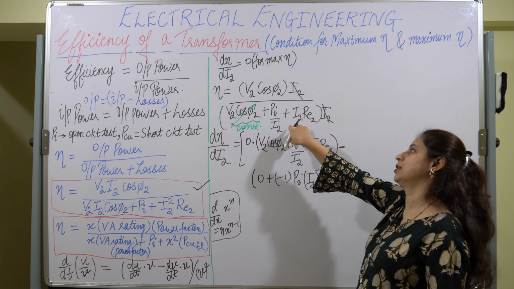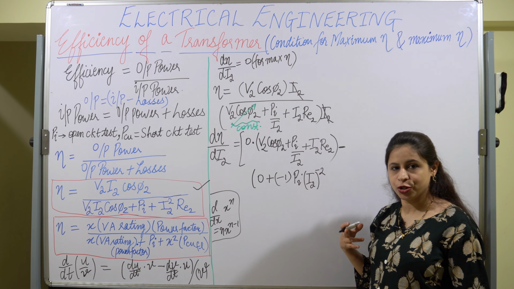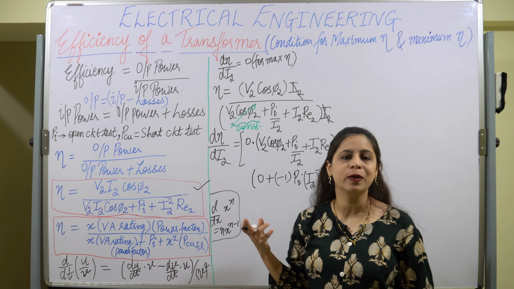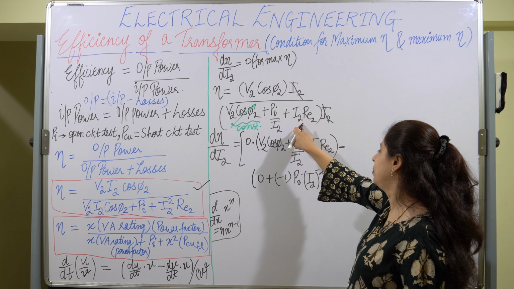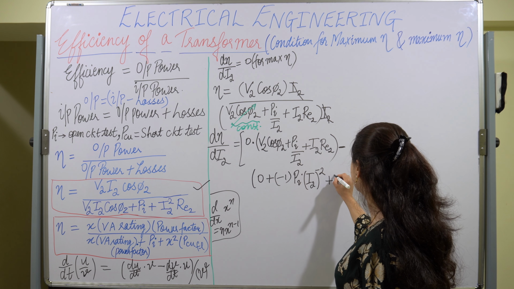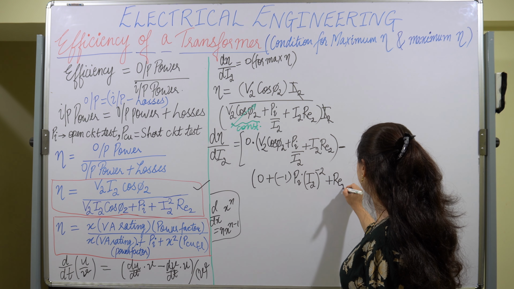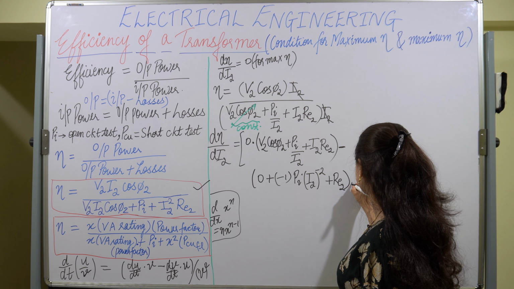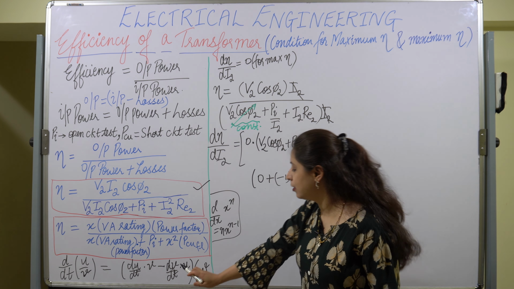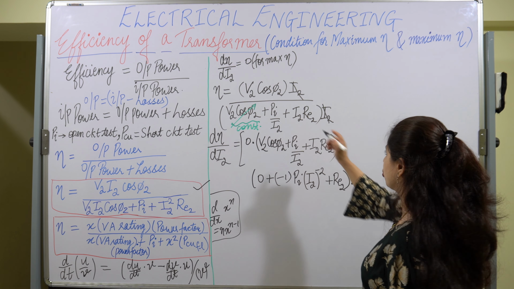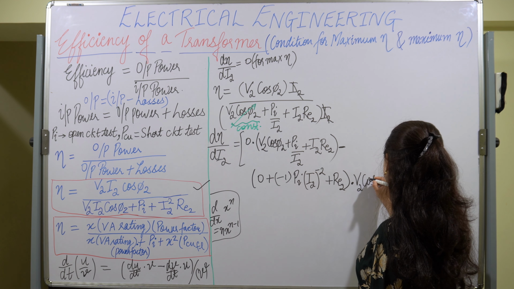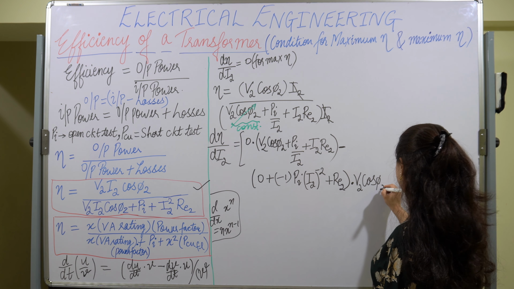Then over here it is I2. The differentiation of d upon dx of x is always 1, so it will be 1 into RE2. So here it will be plus RE2, and it is multiplied by the numerator as it is, u. Our u is V2 cos phi 2.